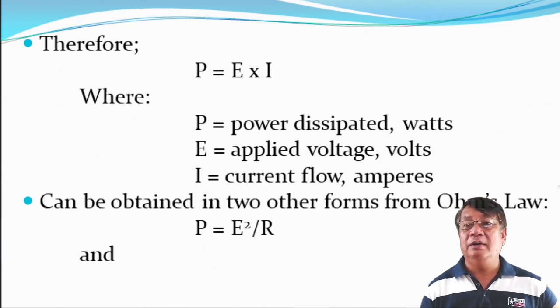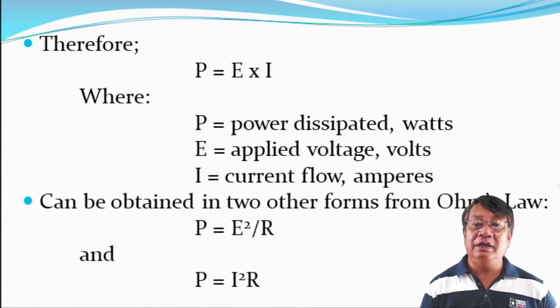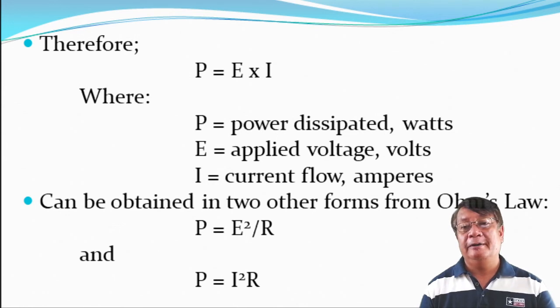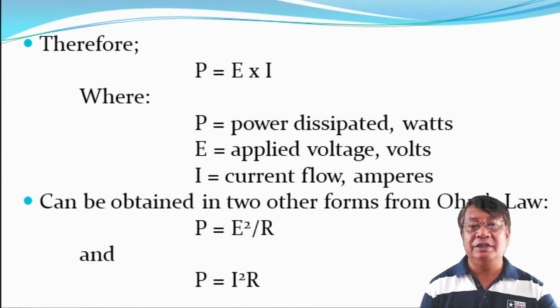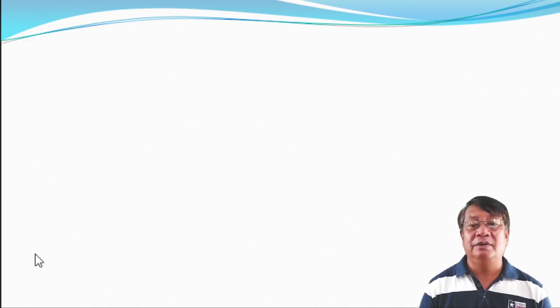Next, if the given is current and resistance, we have another modified formula: I squared times R. So these are some of the modified formulas of the power. Again, from E times I, we have E squared over R, or I squared times R. So we have that formula.